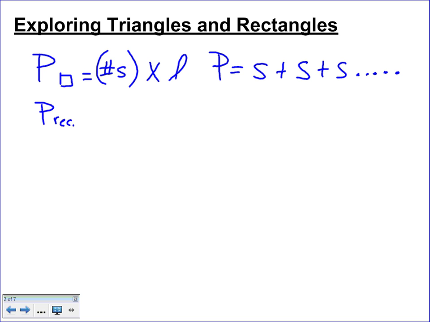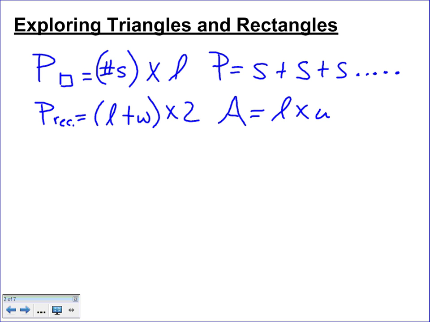And the perimeter of a rectangle, remember, equals length plus width times 2. In the same situation, we've talked about the area of a rectangle, the area of the rectangle being length times width. Then we moved on to parallelograms, and we said we can figure out the perimeter of a parallelogram by also using length plus width times 2.